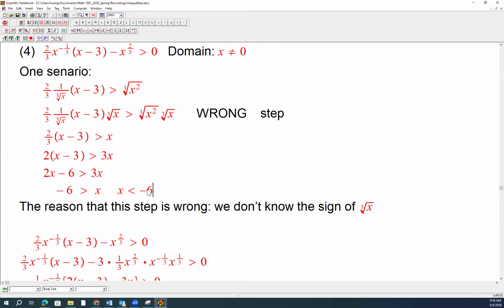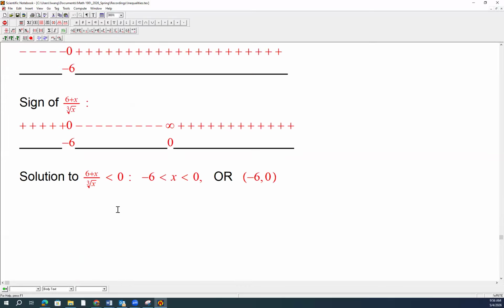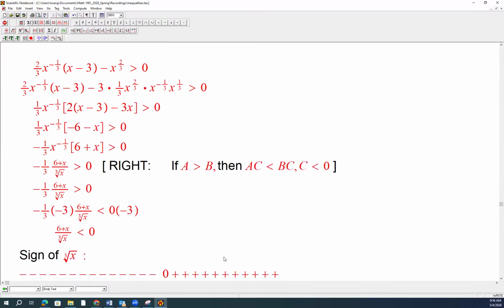This solution, x less than -6, compared with our right answer, you can see they're very different, aren't they? So you're completely on the wrong track. Now, how do we know if we are right?